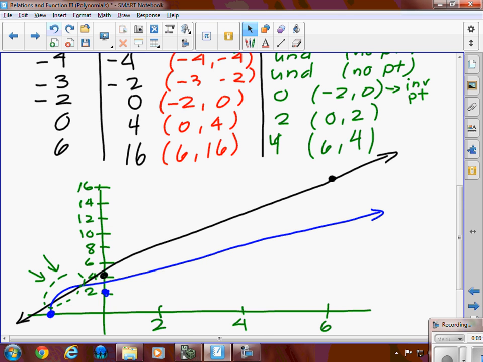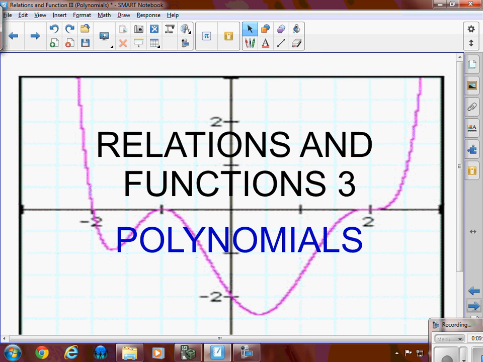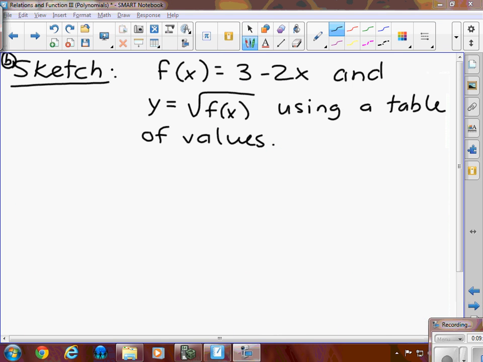Okay, so the next example, let's move on, and I'm going to ask you guys to see if you can sketch it the same sort of way we did before. That came out of nowhere. So here's the next example, B. It says sketch this f of x, 3 minus 2x, still a linear function, okay, and also sketch the square root of it, so y equals the square root of f of x, using a table of values.